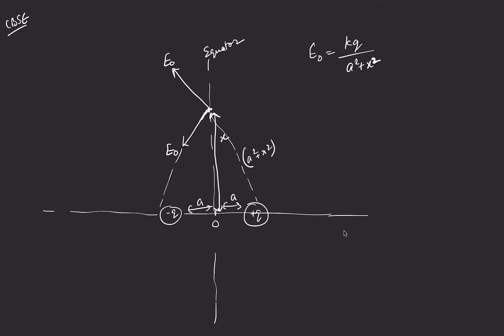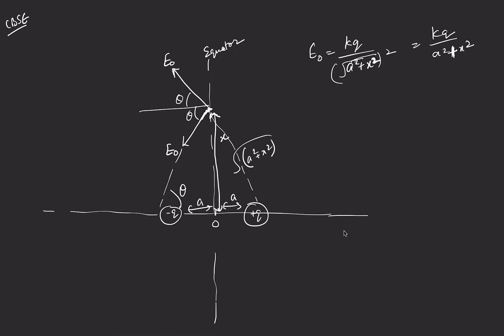So basically kq by r whole square, where r is root of a square plus x square, which is simply kq by a square plus x square. And let's say this angle is theta, which implies this angle is theta, this angle is theta.